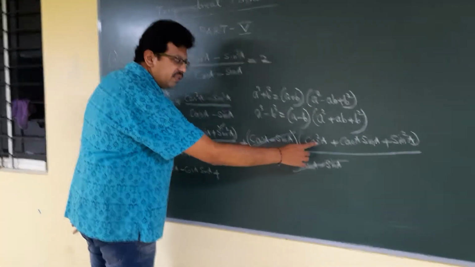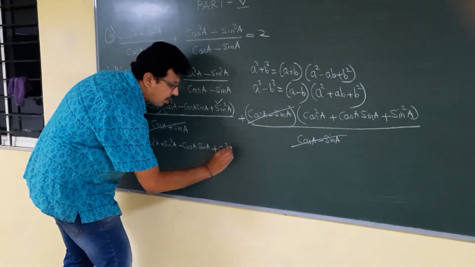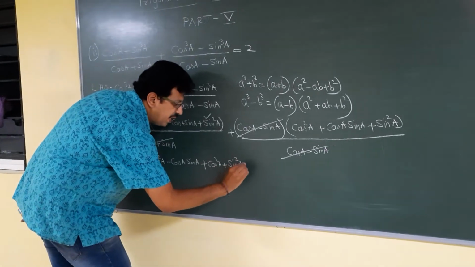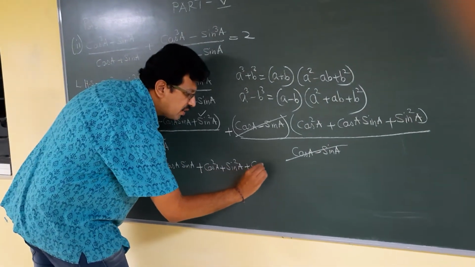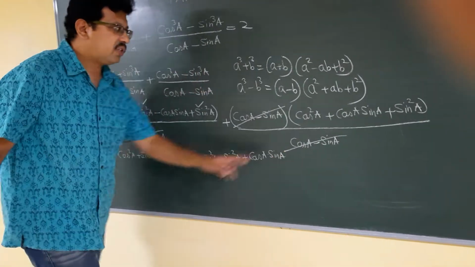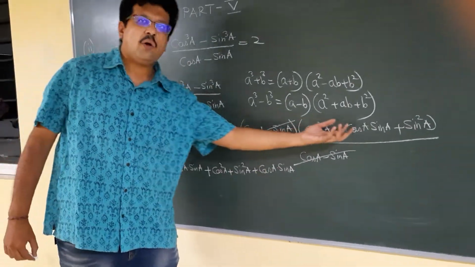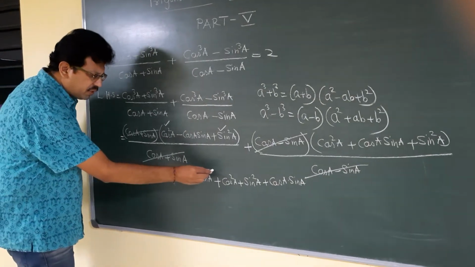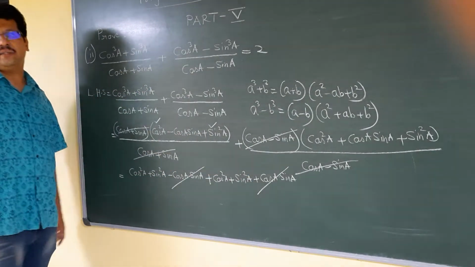And then again arrange these two terms, cos square A plus sin square A, plus cos A into sin A. So cos square A plus sin square A I have taken together because it's equal to 1, and cos A into sin A. So children, you can observe minus cos A into sin A and plus cos A into sin A, both will get cancelled.